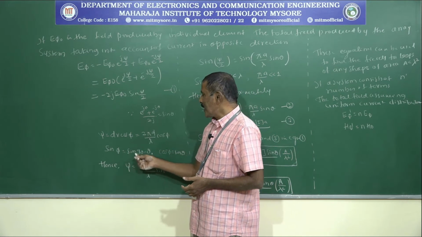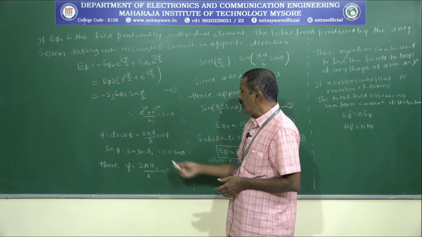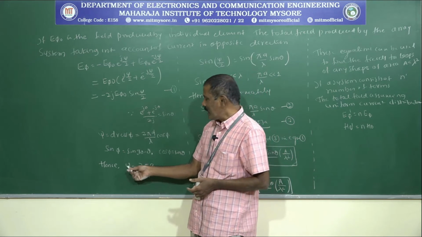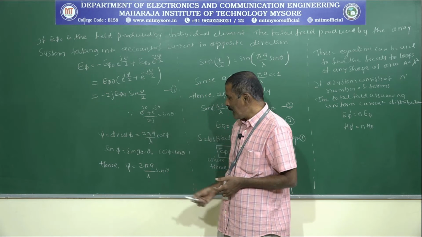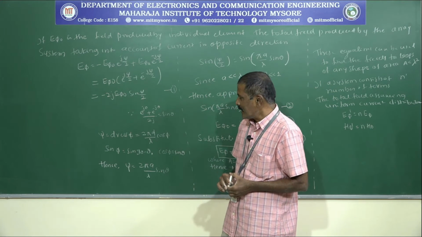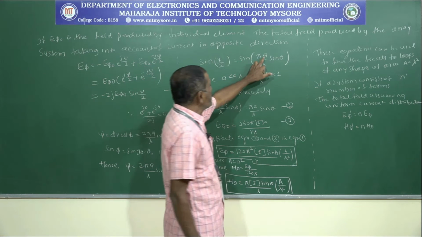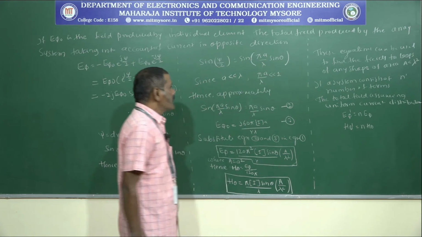Sin phi is equal to sin of 90 minus theta, and cos phi is equal to sin theta. Hence, psi is equal to 2 pi a by lambda sin theta. Sin of psi by 2 is equal to sin of pi a by lambda sin theta.